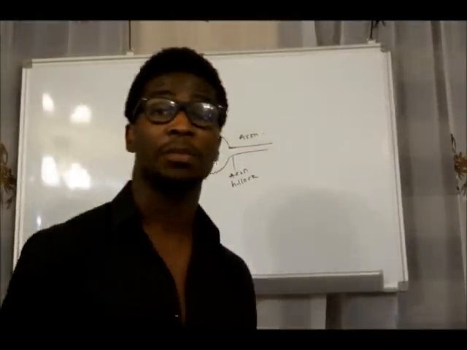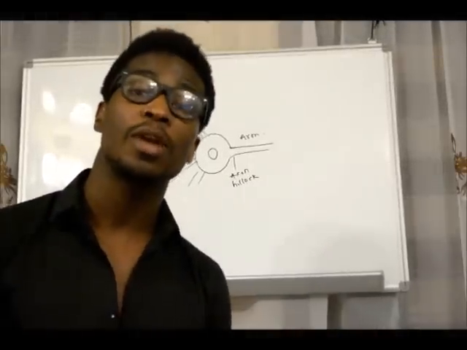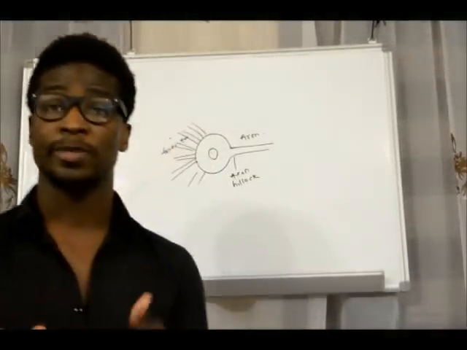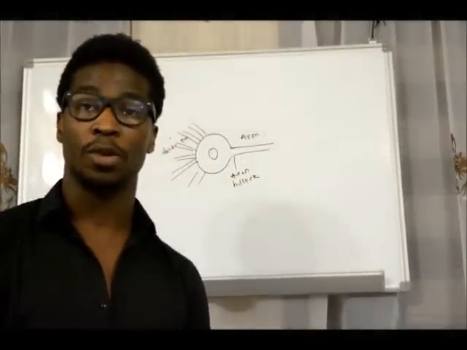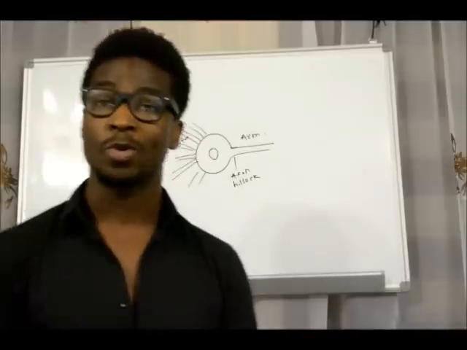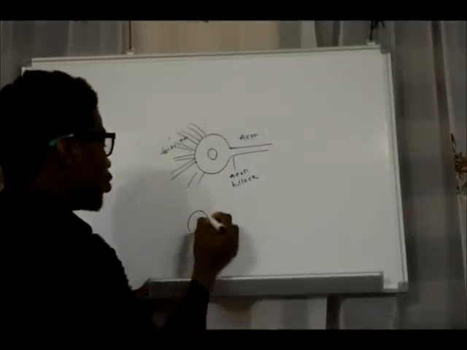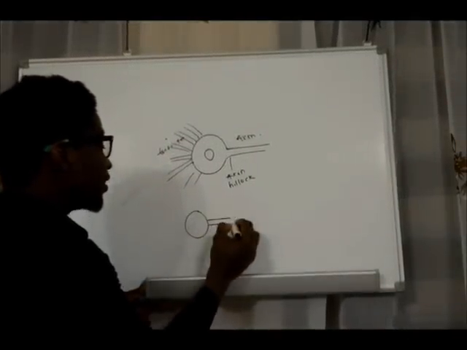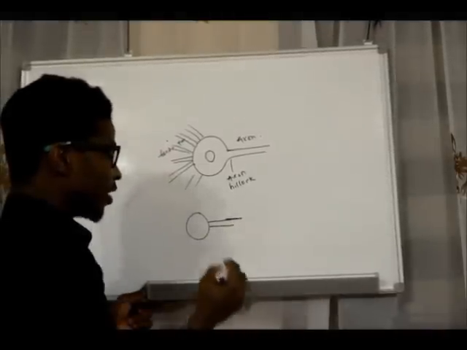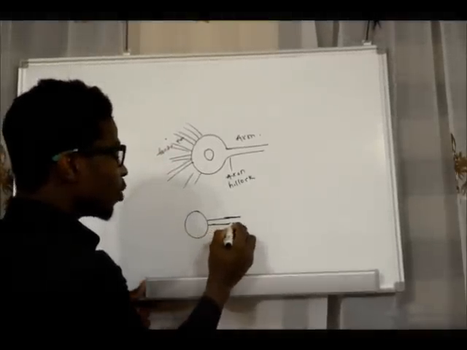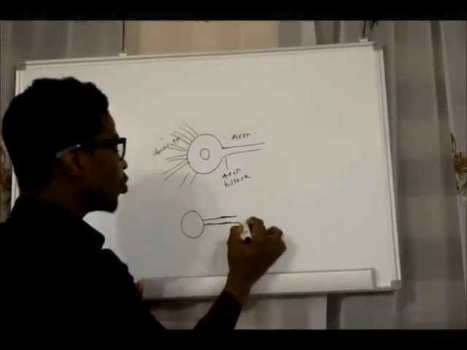And finally, the last type of neuron is what? The pseudo-unipolar neuron. Actually, this is quite special. It's called a pseudo-unipolar, and if you did Greek, you know that pseudo means what? False, right? A false unipolar means that it actually looks like a unipolar neuron, but in reality, it does not have one process. It starts off with one process and divides into two.